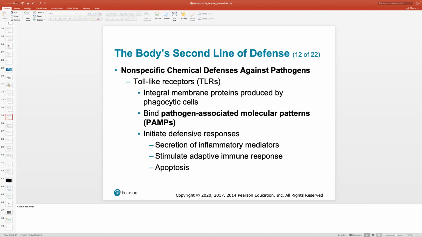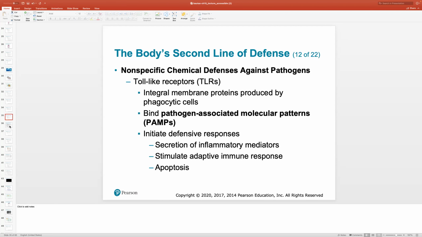These initiate defensive responses. We're going to talk about inflammation in a little bit. And then the next chapter, we're going to talk about adaptive immune responses. And then eventually it results in killing of the invaders or the microbial pathogens by apoptosis.